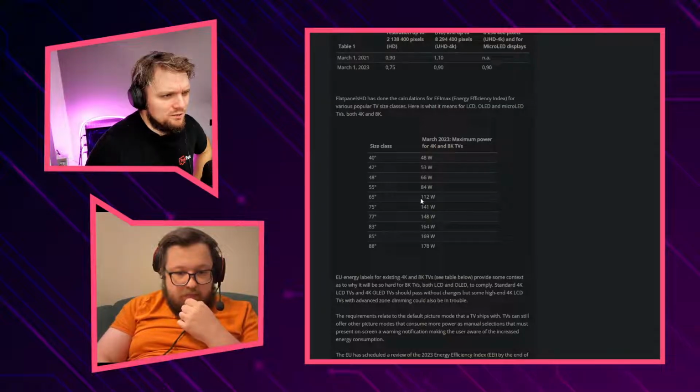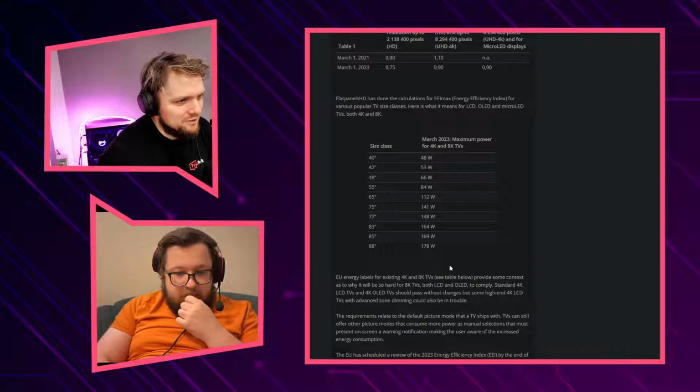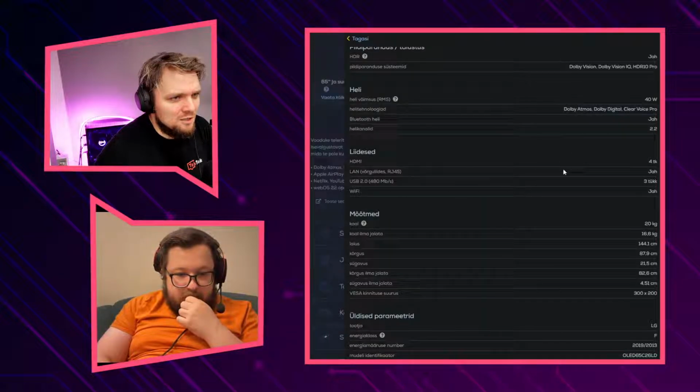Oh, what? This is way more aggressive than I thought. 65 inches is 112 watts maximum power for a 4K TV. What the hell?